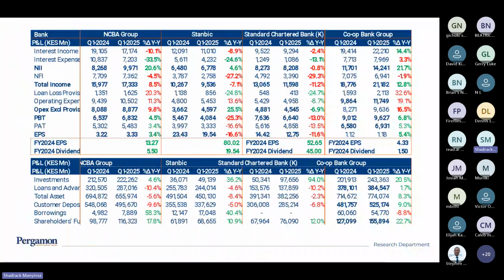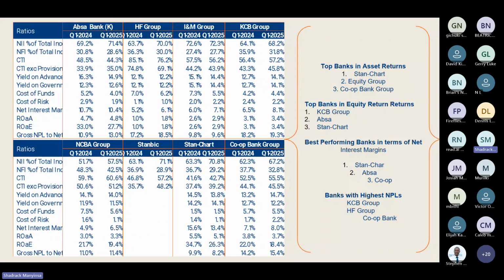So this was followed by Absa, as I've said, and then Cooperative Bank. But then in terms of the return on assets, Standard was the best, followed by Equity.